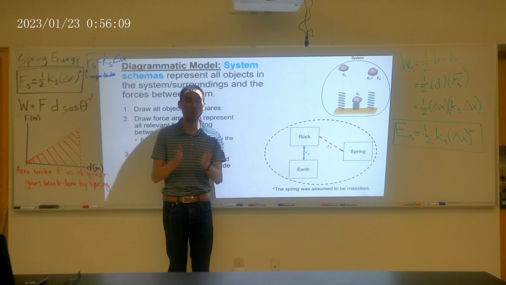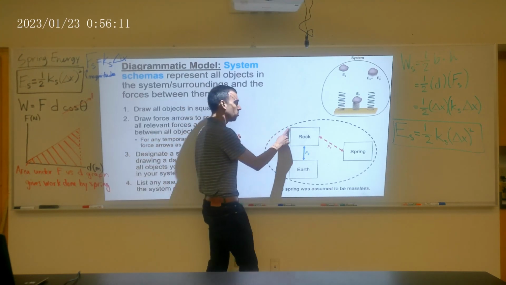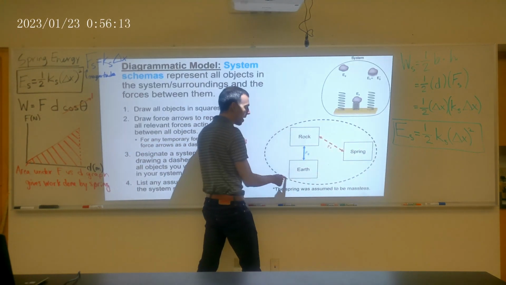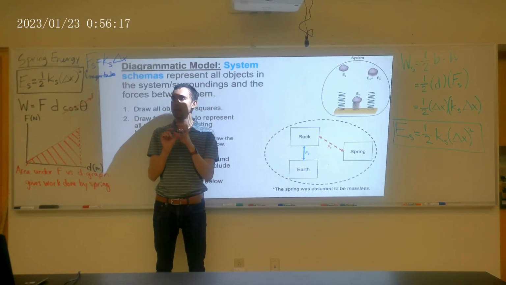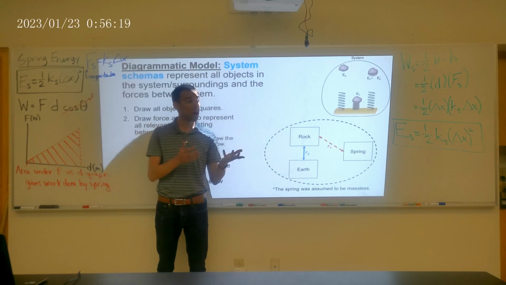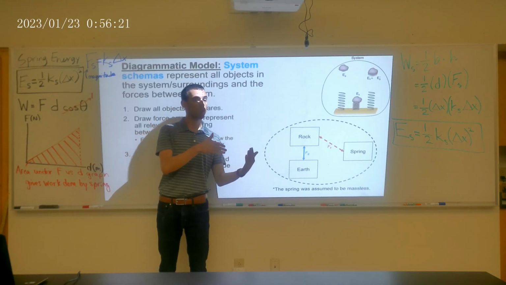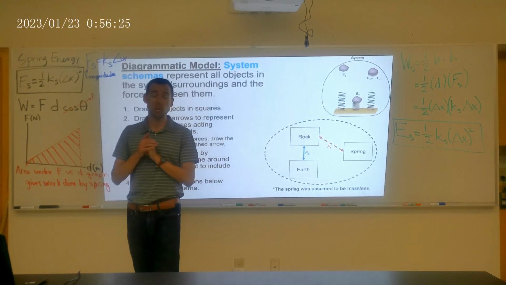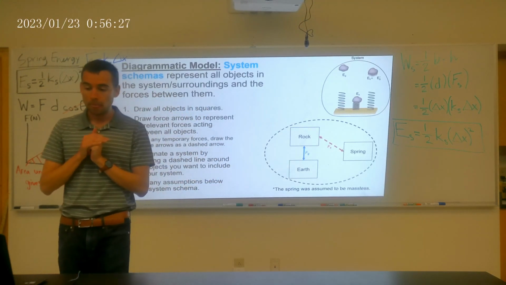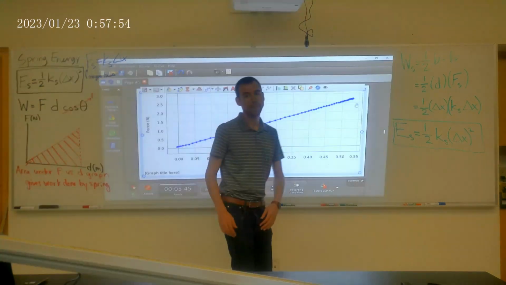Whether you want it to be open or closed will depend on how you draw this dotted line, whereas in the interaction diagrams we usually only looked at one object. Now we can open it up or change it around and think about if there are external forces coming in or out of our system, which will change around the energy conservation statement. More on that on Friday.